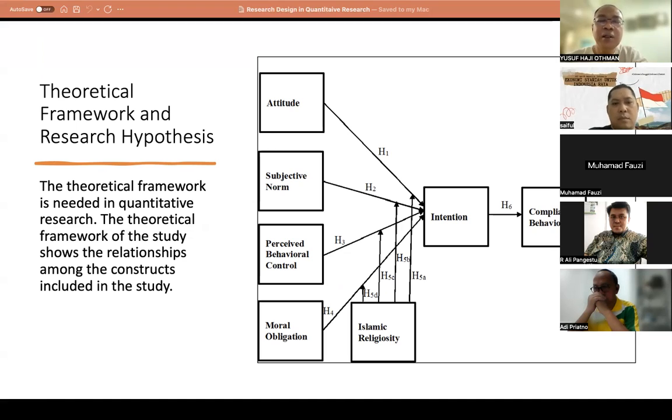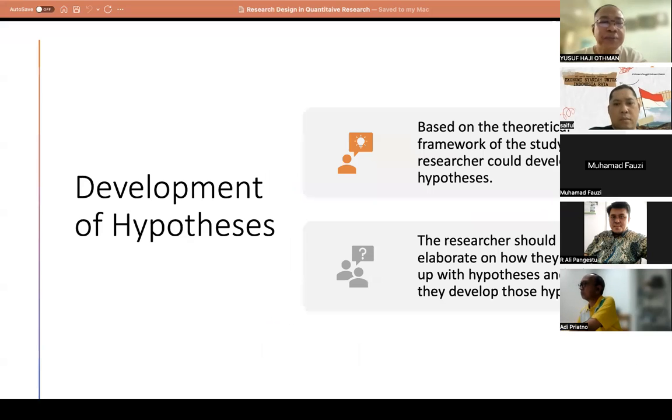For example, in this case, the population of the study consists of all Muslim school teachers. Then we need to have the numbers. Then we will do the sampling. That one we will discuss later.